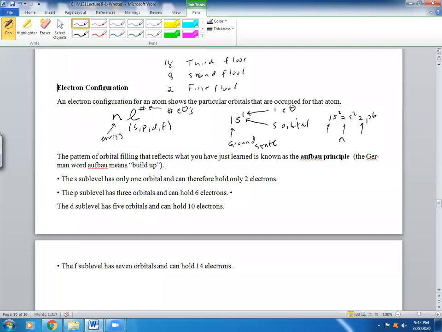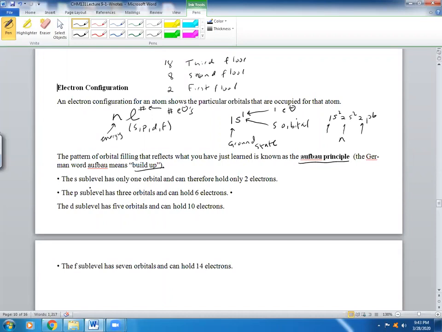The pattern of orbital filling that reflects what you have just learned is known as, it's a German word, the Aufbau principle, which means build up or building up. You start from the most stable orbital and you go all the way to the outer. You start from the inner to the outer. Very important.